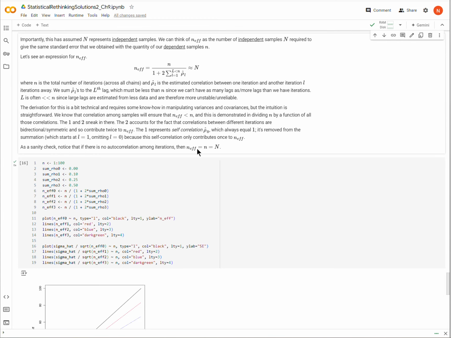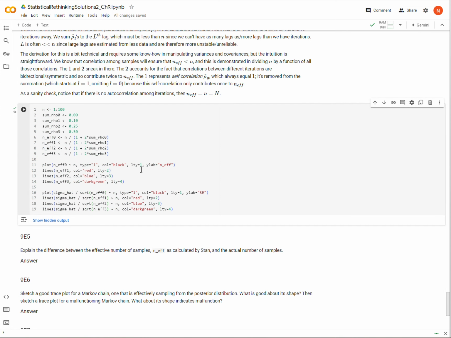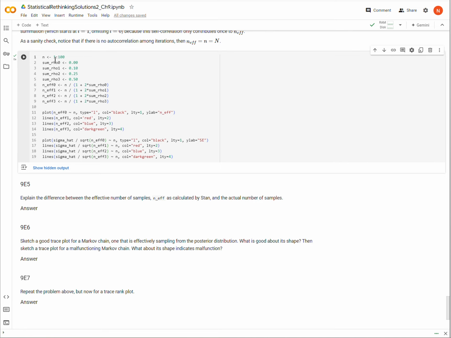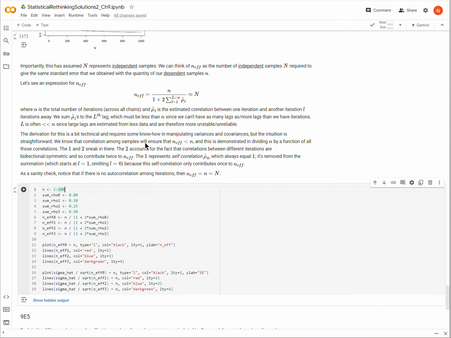Okay, so let me go through a little bit of a simulation here. Let me hide this output so we can walk through the code without distraction. I'm going to have different sample sizes, 1 to 100. And then I'm going to have different values for the sum of the autocorrelation function down here, this guy right here. I'm going to have no correlation among samples, and then correlations of 0.1, 0.25, and 0.5.